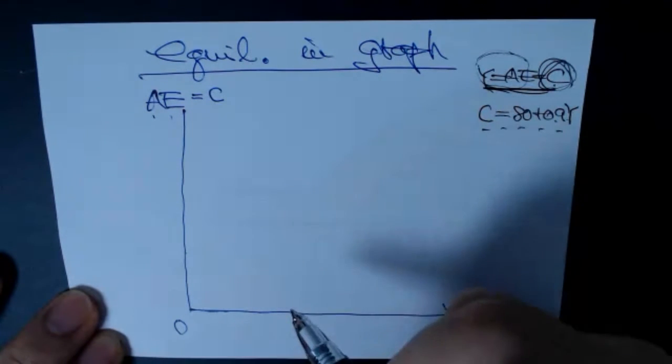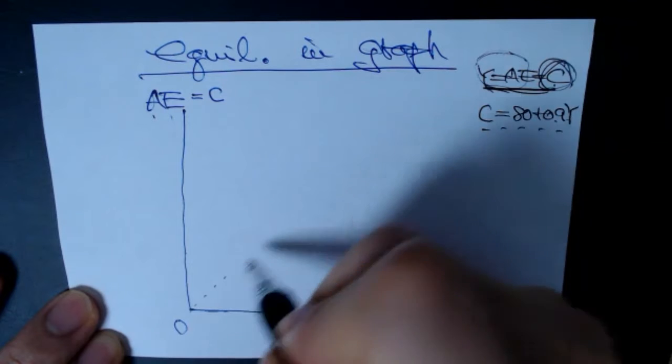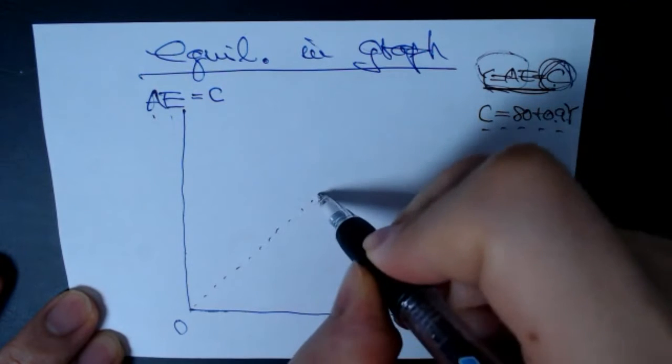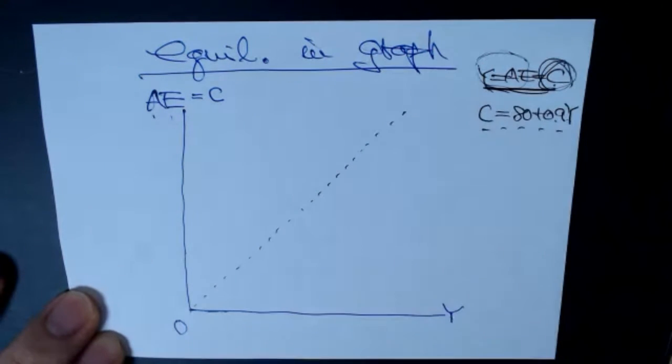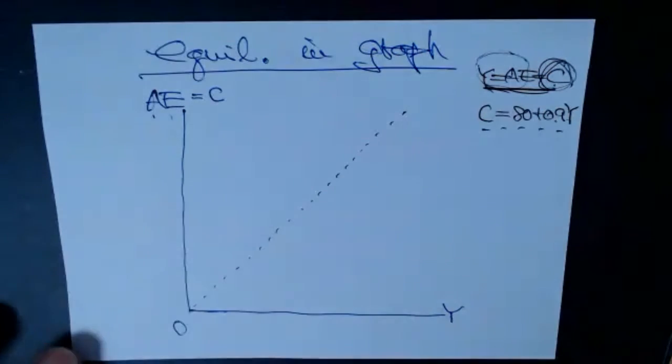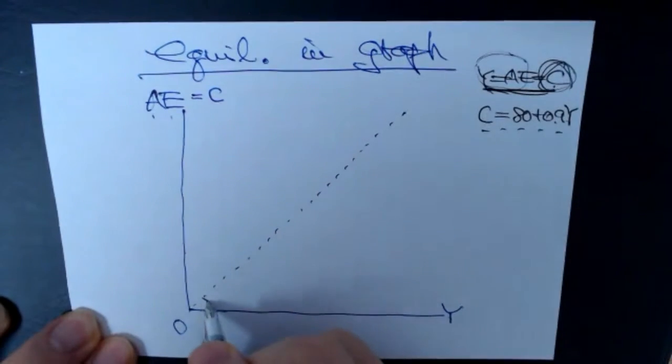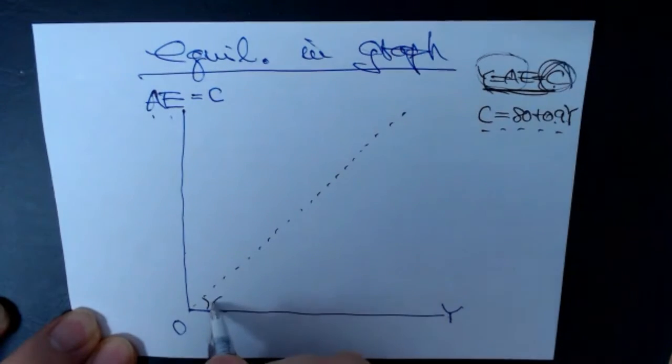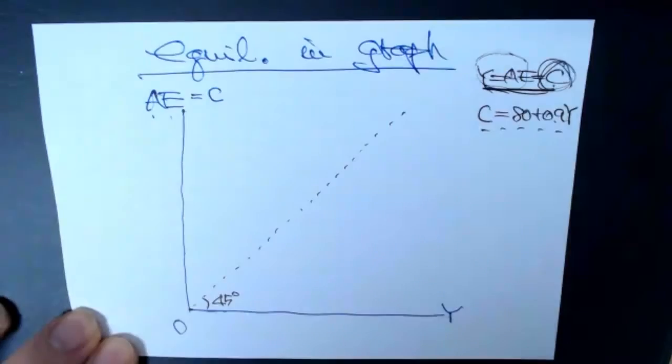How do we describe the equilibrium condition? We do it this way. You draw one line, whether dashed or solid is your choice, but the angle should be 45 degrees.